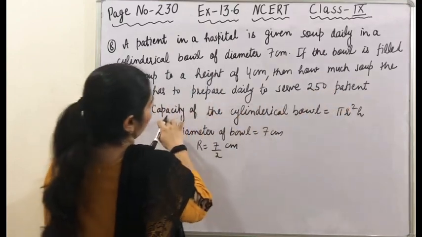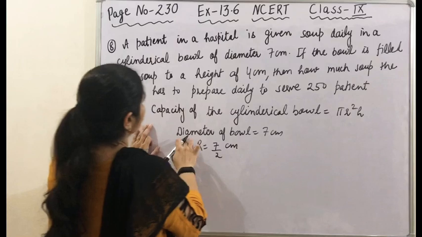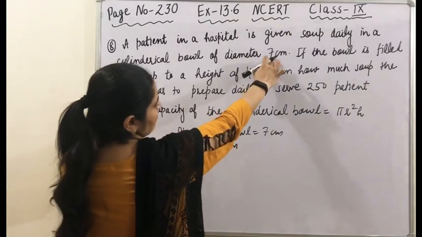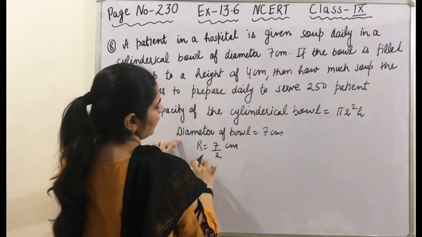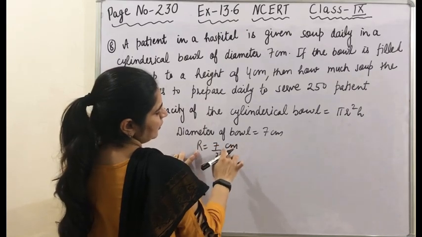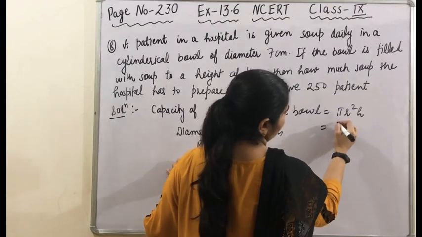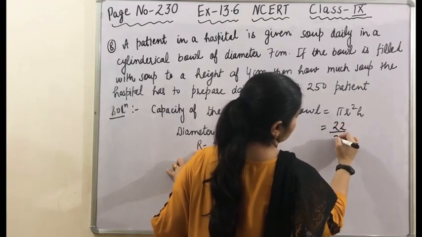Capacity of the cylindrical bowl is pi r square h. Diameter is given as 7 cm, so we can find the radius as diameter by 2, which is 7 by 2 centimeter. Pi is not given, so we write 22 by 7.